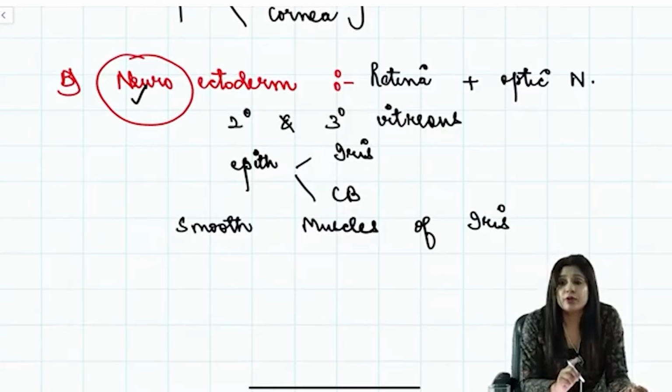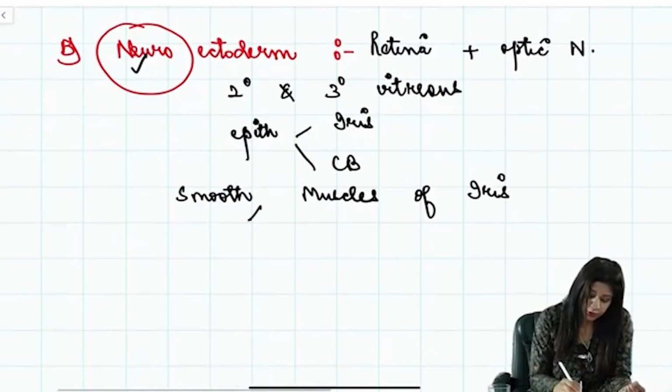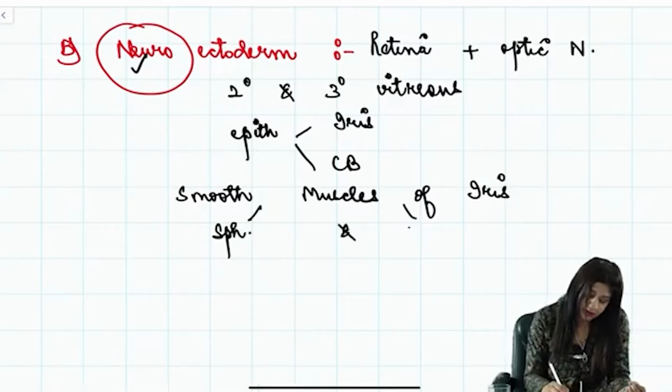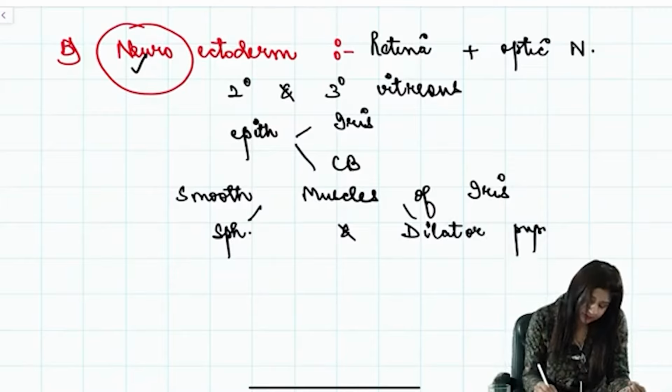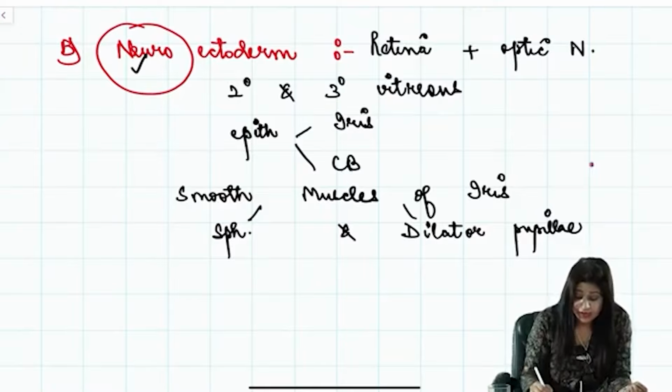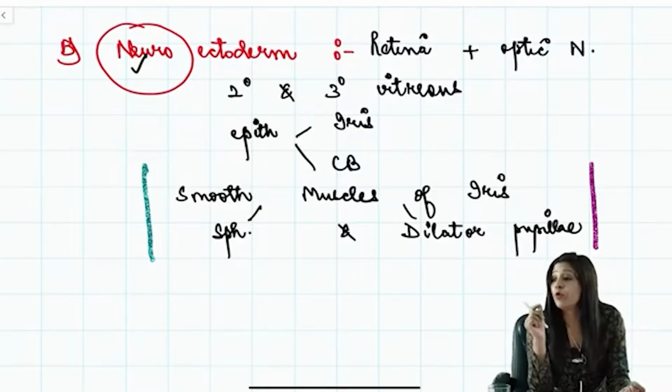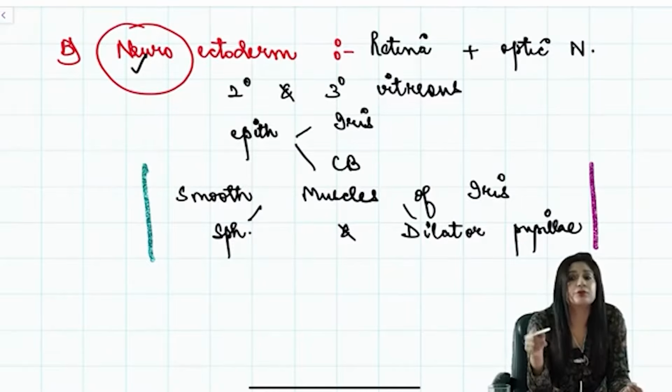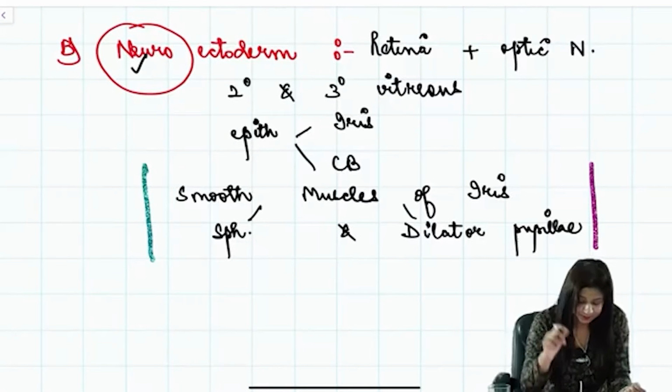Development always depends upon function. If the muscles are responsible for motility, they will come from mesoderm. And if the muscles are responsible for neurological function, like the pupillary reaction, they will come from neuroectoderm, right?